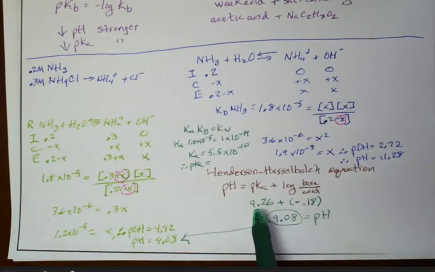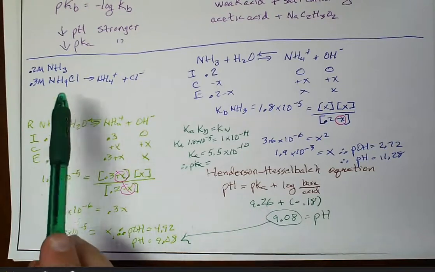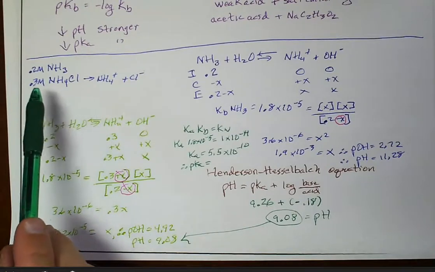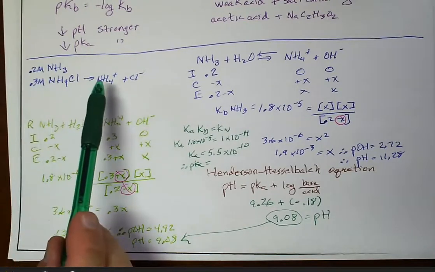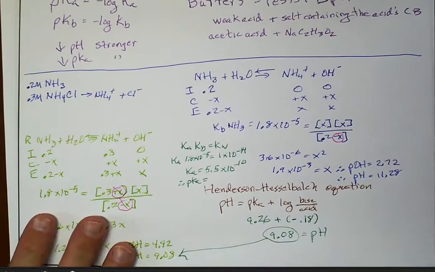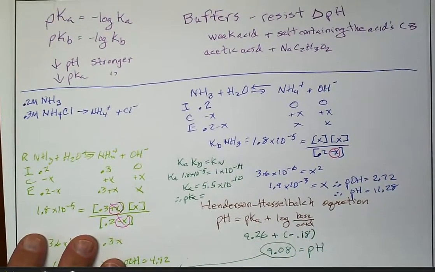So just use a little, dare I say, common sense. Since we're putting in more of the conjugate acid here, 0.3 is more than 0.2. More acid means lower pH, lower than just the pKa of the acid. Okay? All right. So that is it for about 3 different things there.